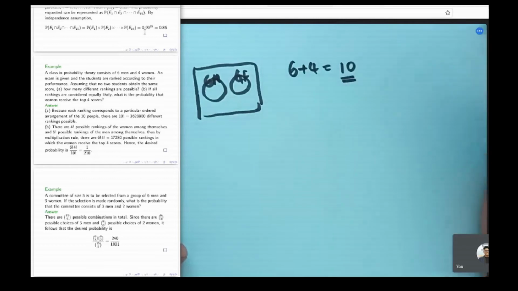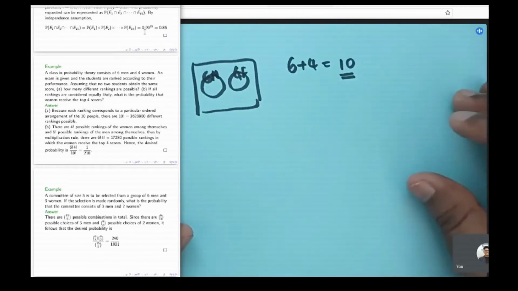So there was a class test or an exam and the students are ranked according to their performance, assuming that no 2 students obtain the same score, which means that there cannot be students who get the same score, like 75 each, or someone getting 60 and the other one getting 60. There are no such cases. Assuming that no 2 students obtain the same score.